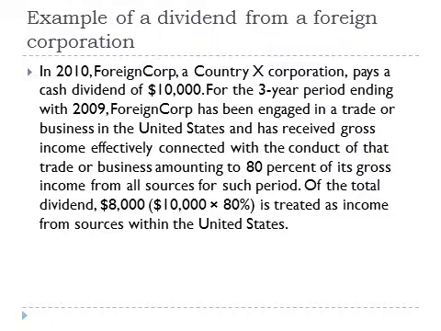For the 3-year period ending with 2009, Foreign Corp has been engaged in a trade or business in the United States and has received gross income effectively connected with the conduct of that trade or business amounting to 80% of its gross income from all sources for the period. Of the total dividend, $8,000 is treated as income from sources within the United States.